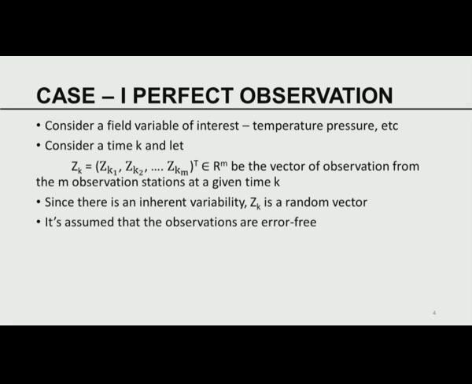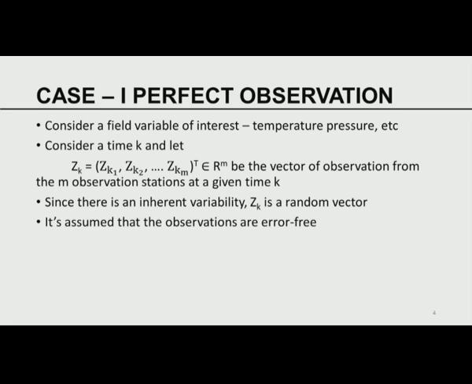So the field variable of interest, as I said, is a scalar field variable. It could be temperature, pressure, etc. Consider a time k, noon January 1st 2016 as an example. So k is a specific instant in time. There are m observational occasions.